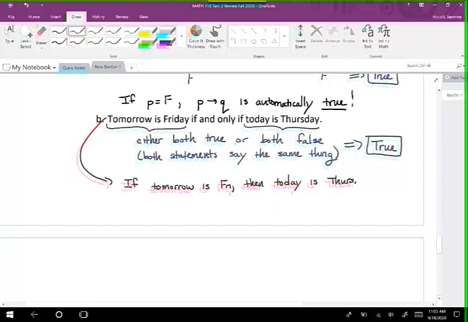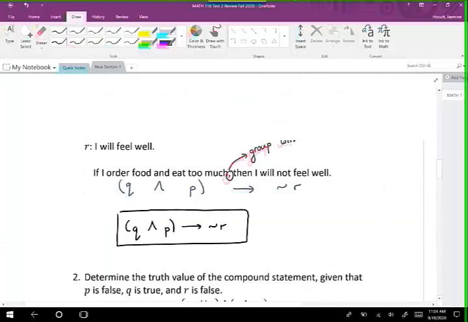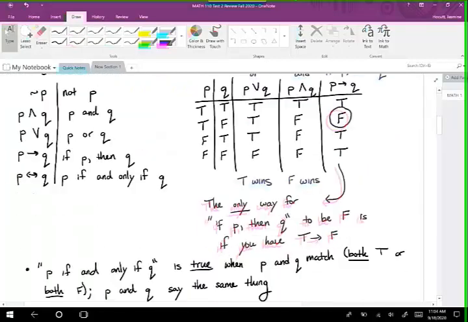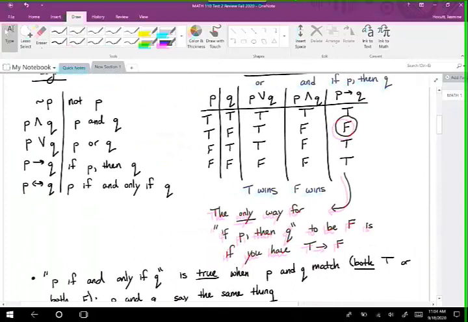And it also goes in the opposite order. If today is Thursday, then that means tomorrow has to be Friday. And that also makes sense as a sentence. Okay. And so if I scroll back up to the top, here we go, that is why we have that double-sided arrow for the if and only if statement, because it's a sentence that goes in both directions.